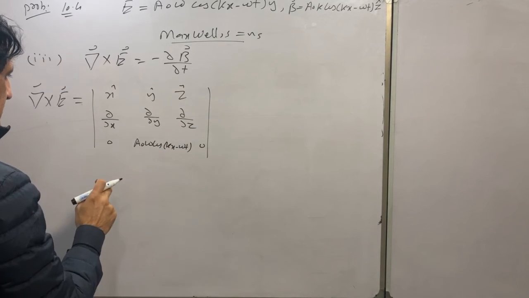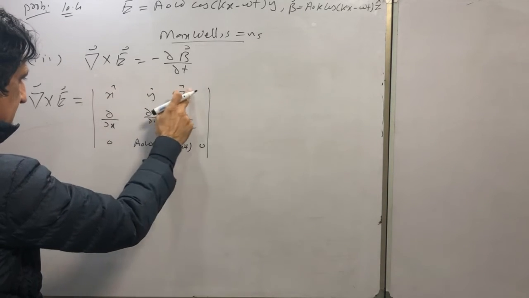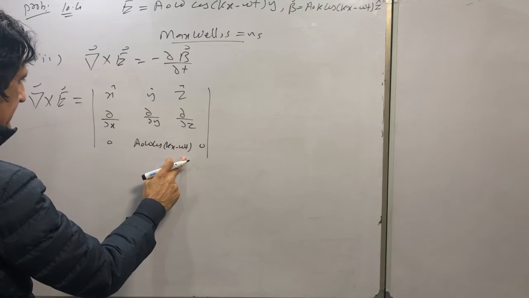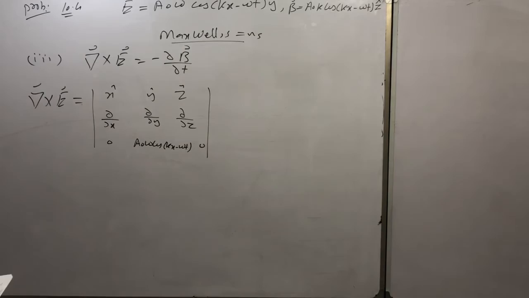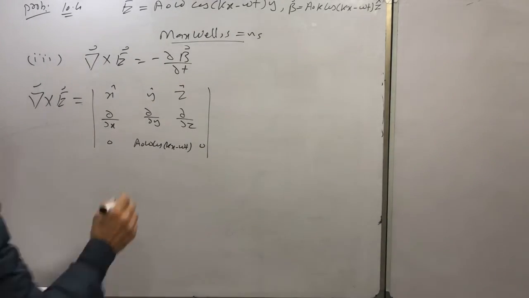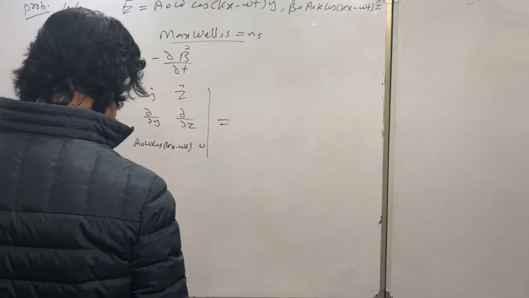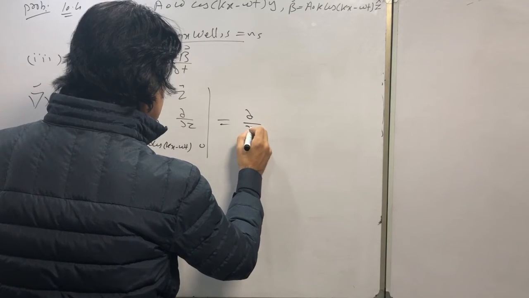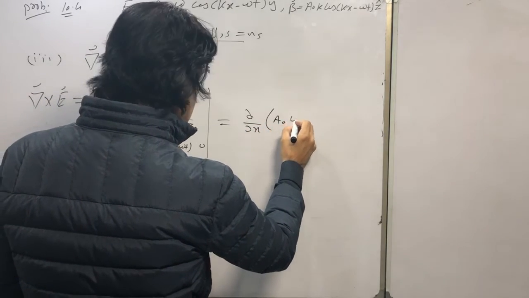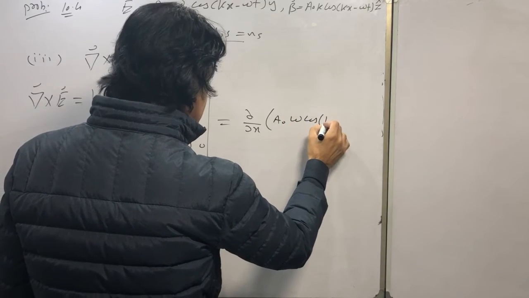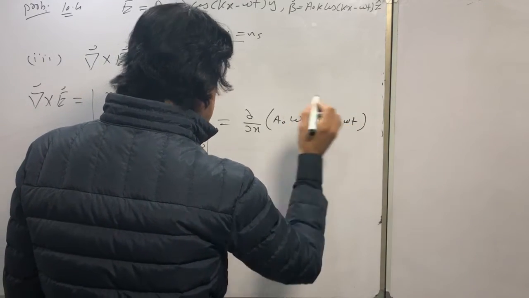In the z direction we have this minus this, so we have partial divided by partial x of A naught omega cosine of (kx minus omega t).